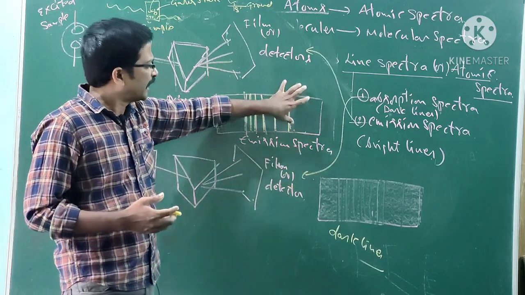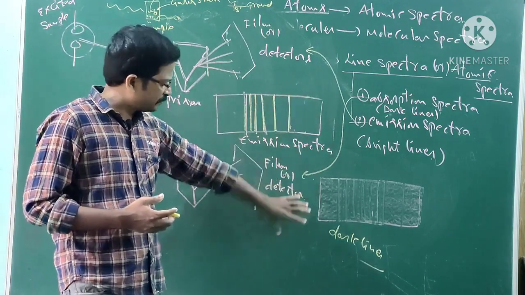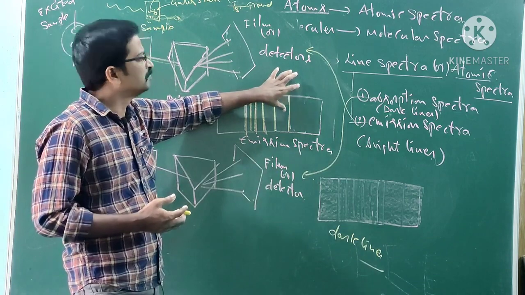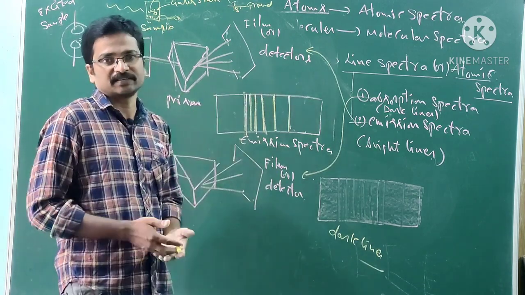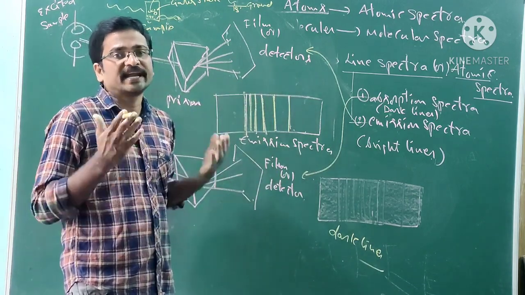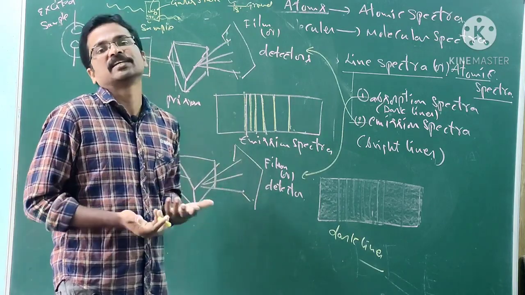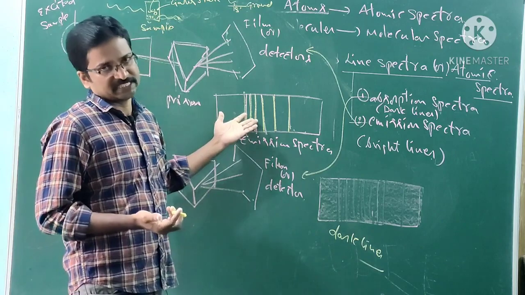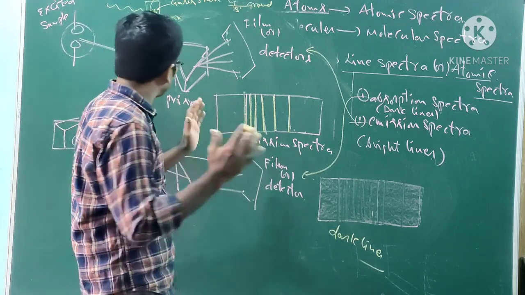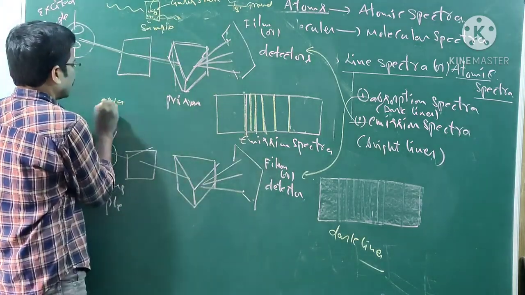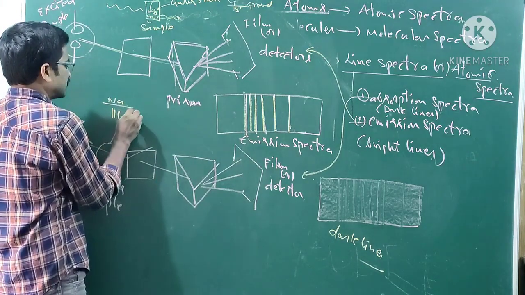The absorption spectra and emission spectrum lines are specific. A particular atom contains specific lines. For example, sodium can give emission spectra with certain lines.